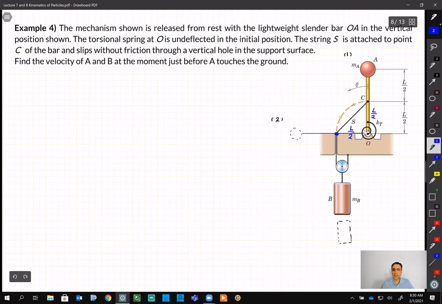So if OC is L over 2, then OD has to be L over 2. So immediately we can figure out the length of this one is going to be L square root of 2. If I know the length of this triangle, I know the length over here. Any question in the chat?